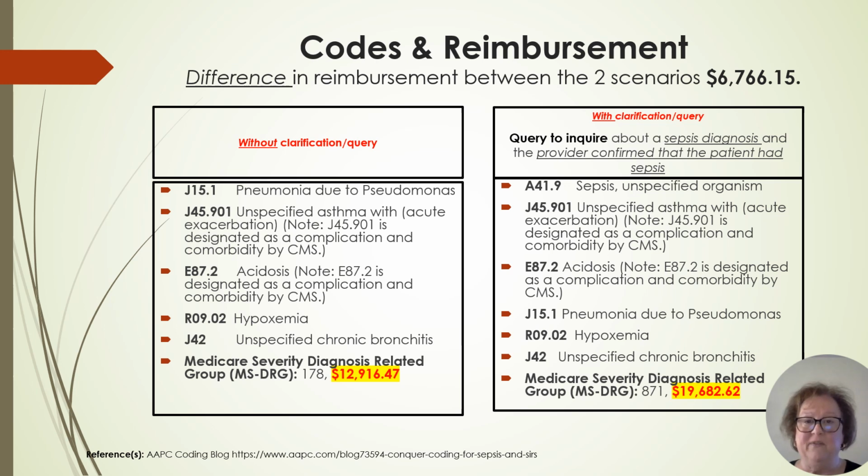However, with the clarification query and sepsis being established as the primary working diagnosis, that's close to $20,000. So there's a difference of $6,700 on this account just due to clarification about sepsis being the primary working diagnosis and primary code assignment.